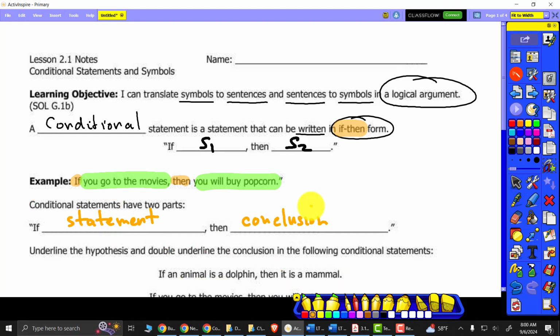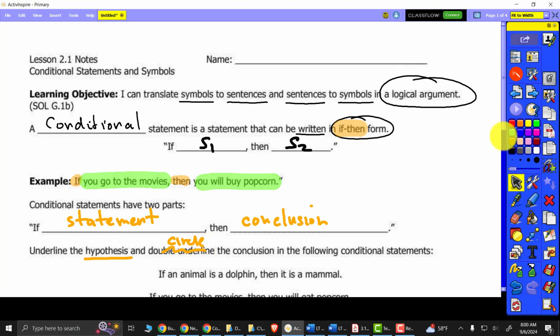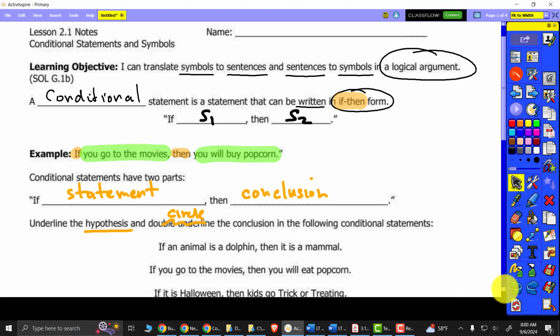All right, let's have some examples. Let's try to underline the hypothesis, and then let's circle the conclusion so that we can identify right away which is your hypothesis statement and your conclusion.